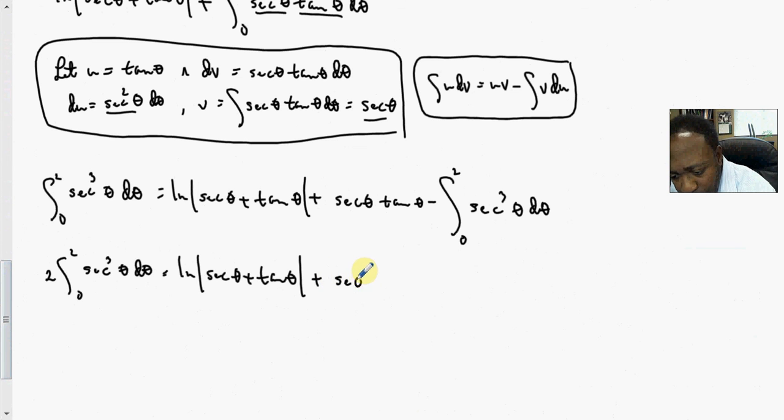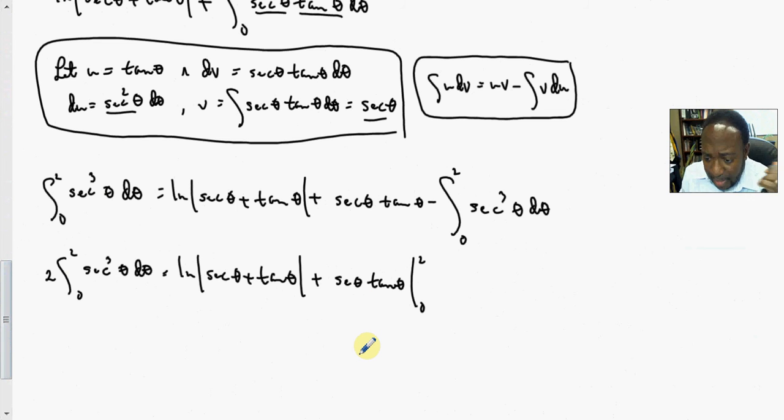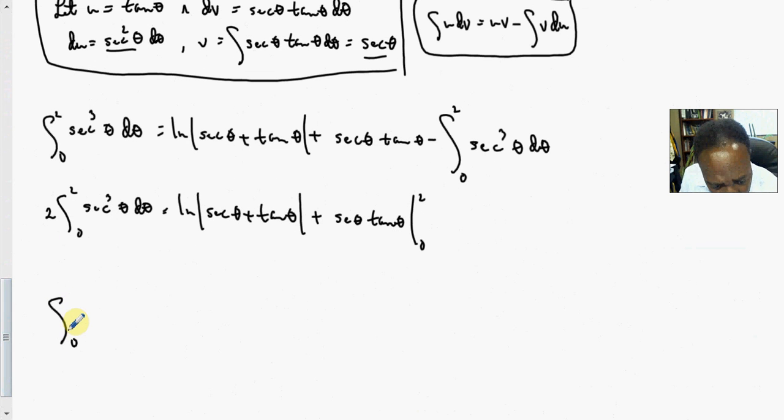Plus secant theta tan theta, and everything there is evaluated from 0 to 2, not secant and tangent, not the thetas. We have to get back to x, and we'll get back to that in just a moment. But we were looking for this integral from 0 to 2 of secant squared theta d theta.